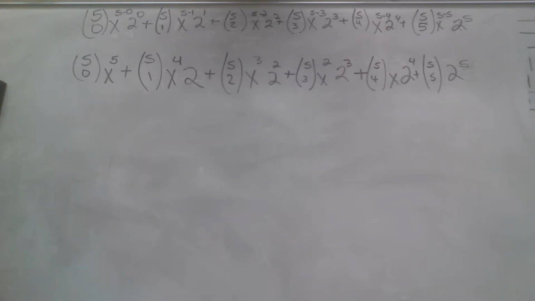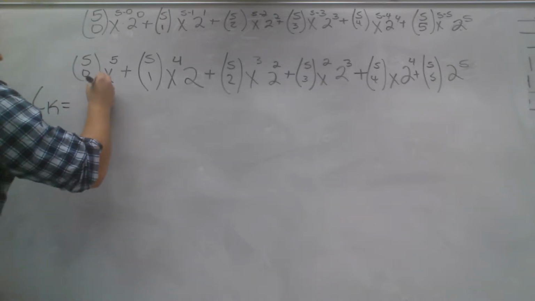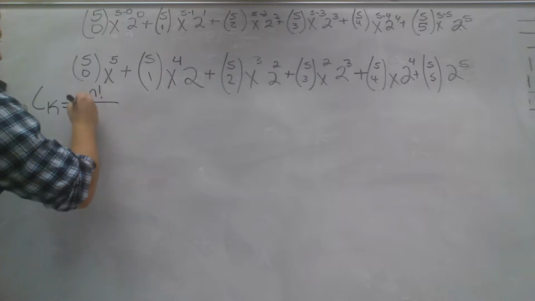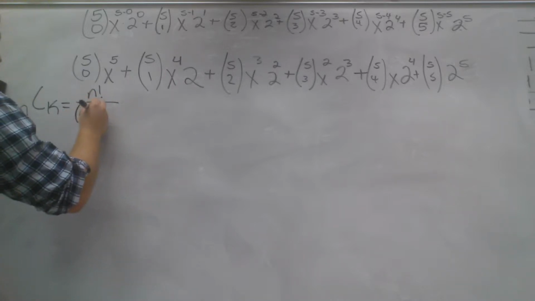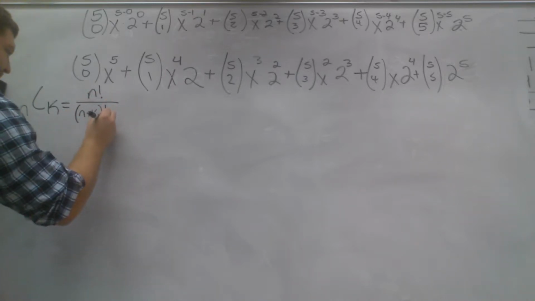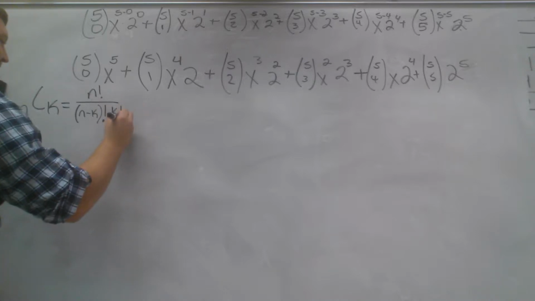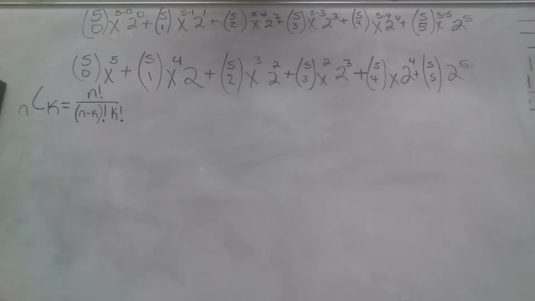You don't have a whole lot of room to see. So I have, yeah, you can see here, n C k. The formula for a combination problem is n factorial over n minus k factorial times k factorial. Write that down. You should have it memorized from last week, but I'm sure you don't.